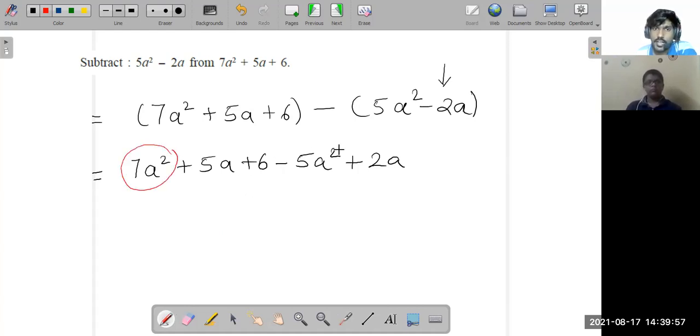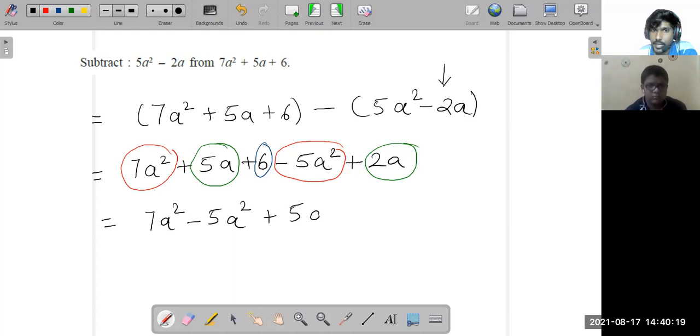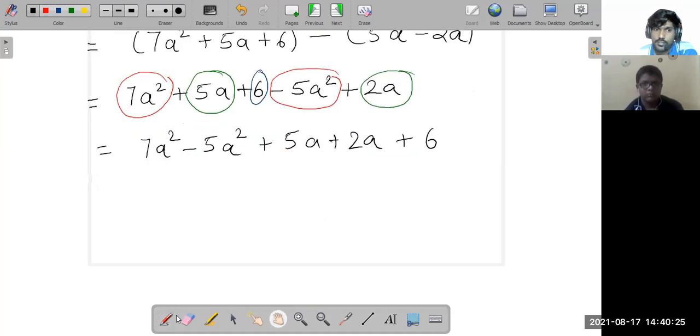So this and this are like terms. Then 5a and 2a are like terms. But you see there is nothing with 6, so you keep it as it is. So I'll write here 7a square minus 5a square, then plus 5a plus 2a, and lastly plus 6 as it is.